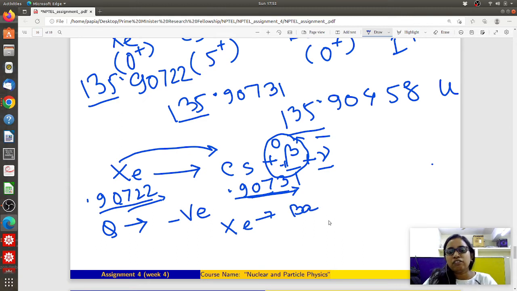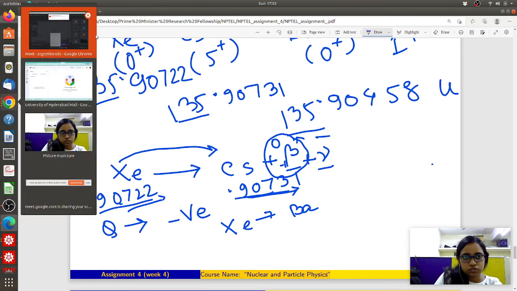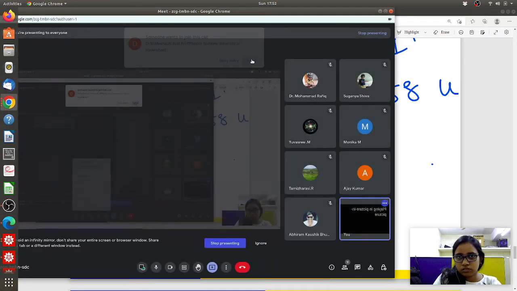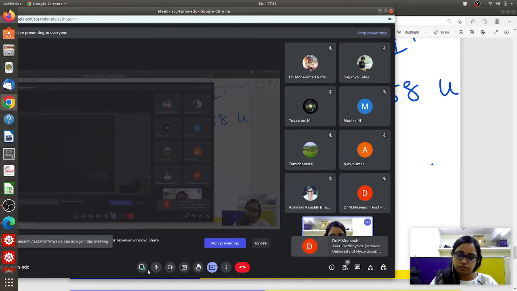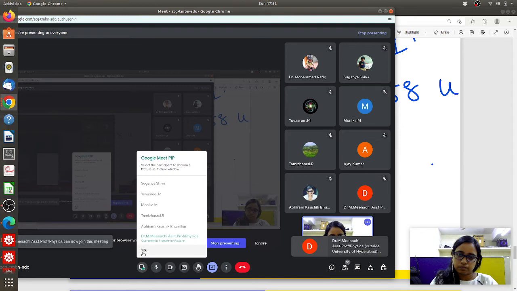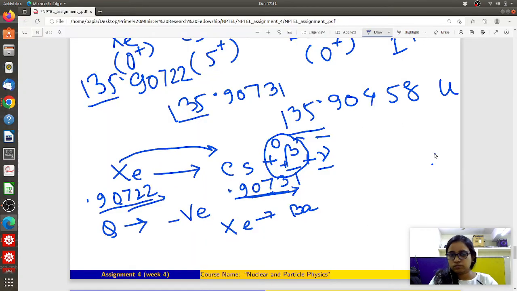Now coming to the xenon to barium mass numbers. Here the mass number for xenon is 0.90722, and for barium it was 90458.